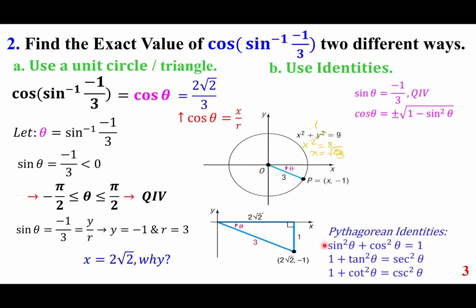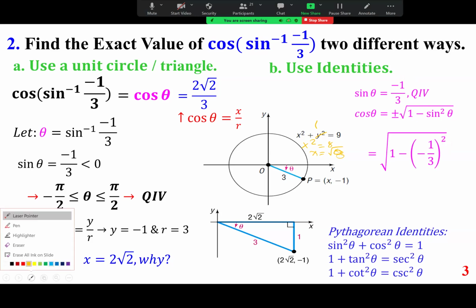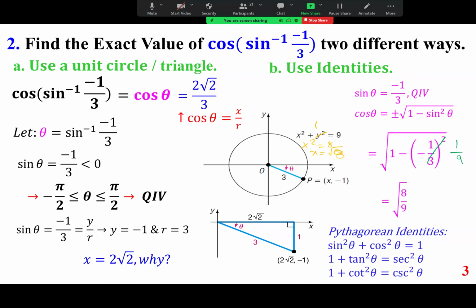We're dealing with quadrant 4. In quadrant 4, sine is negative, cosine is positive. So we just keep the positive. 1 minus and square this number. This becomes 1 over 9. 1 minus that is 8 over 9. 9 comes out as 3, and 8 becomes 2 square root of 2.